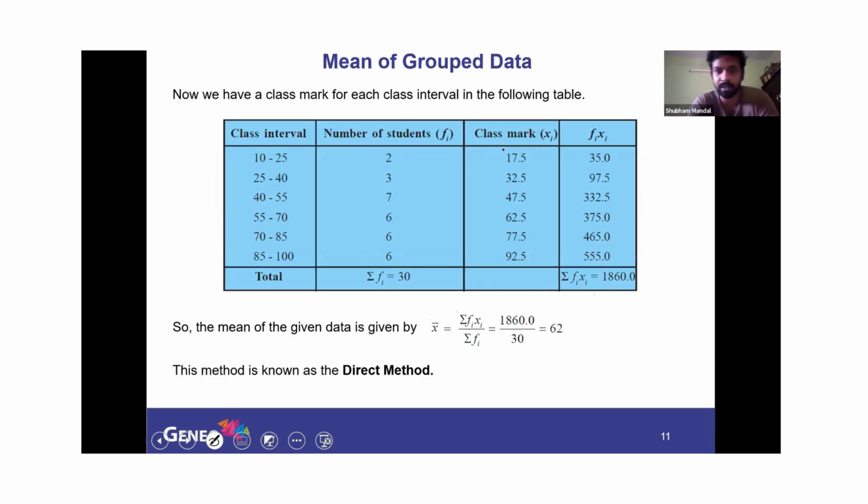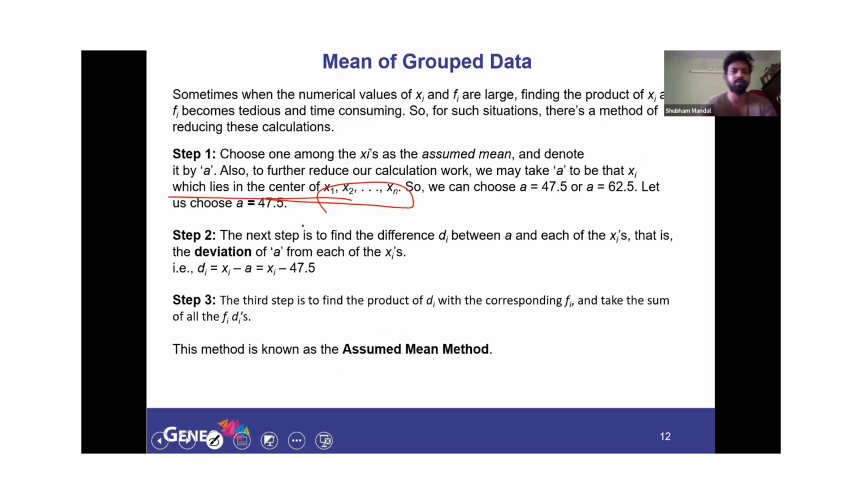Here we have 6 class marks. The center is either 3 or 4, so we can take either 47.5 or 62.5. Take the center of the class marks. I have taken 47.5. So the next step is to find the difference between A and each of the xi's.